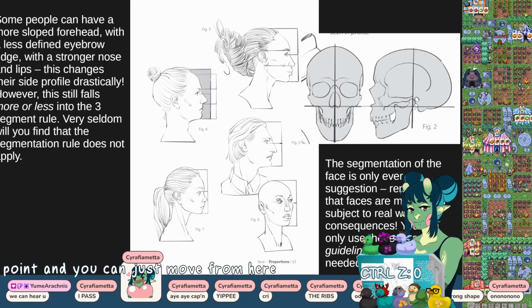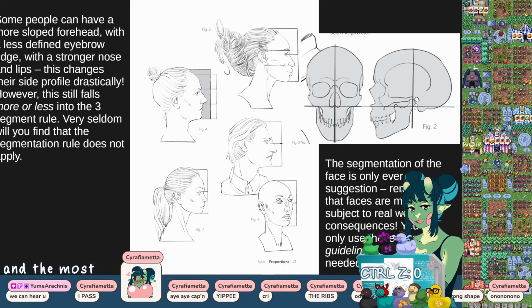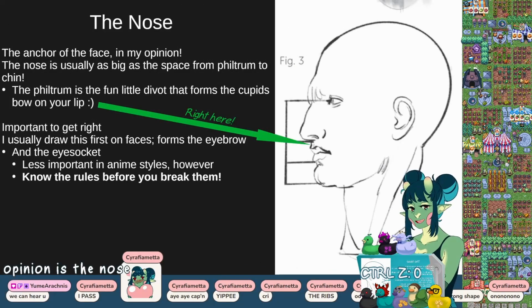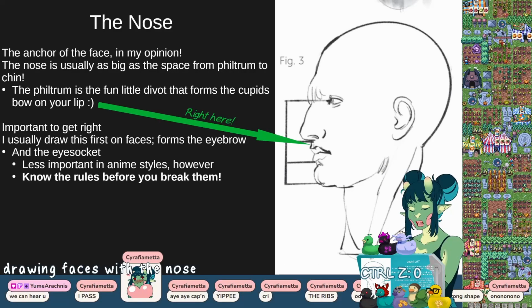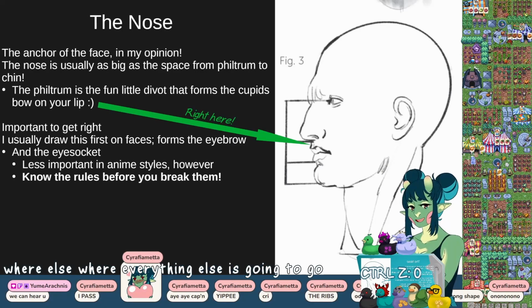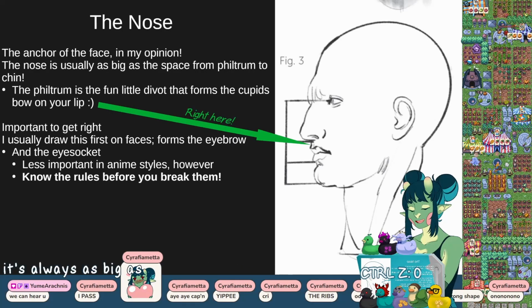And the most important part of the face, in my opinion, is the nose, and that's why I call it the anchor of the face. I always start drawing faces with the nose, because it informs so much of where everything else is going to go. It's always as big as the space from your philtrum to your chin.